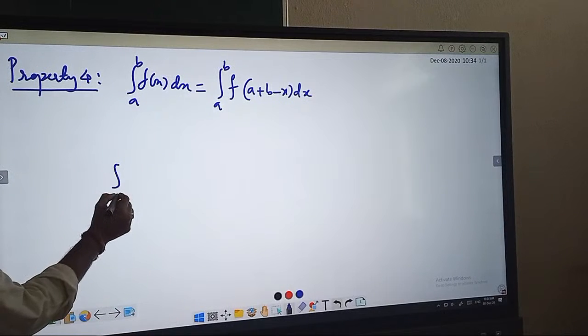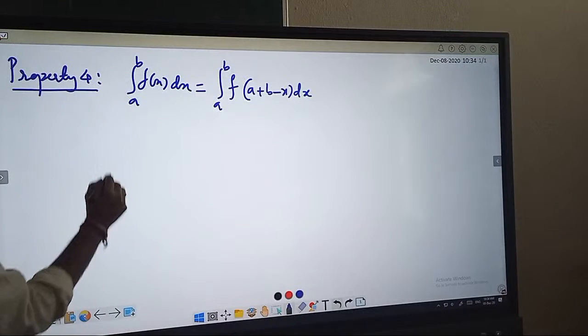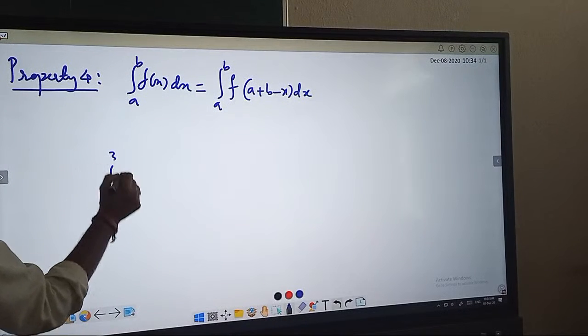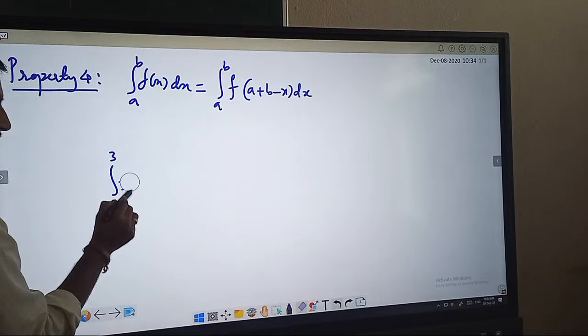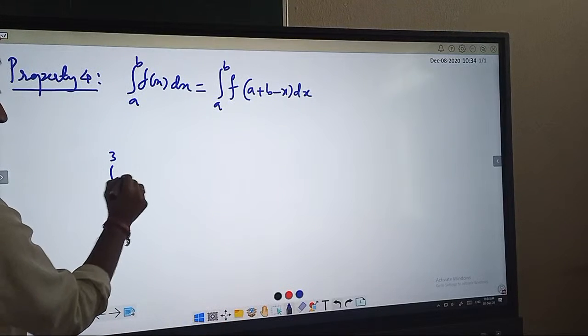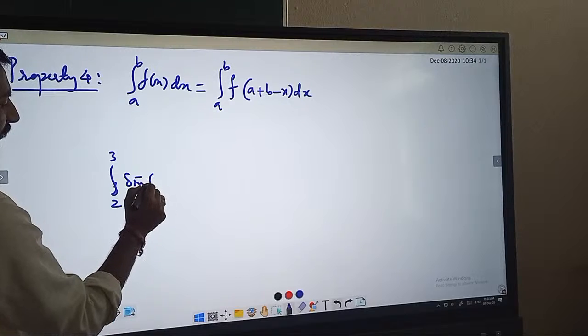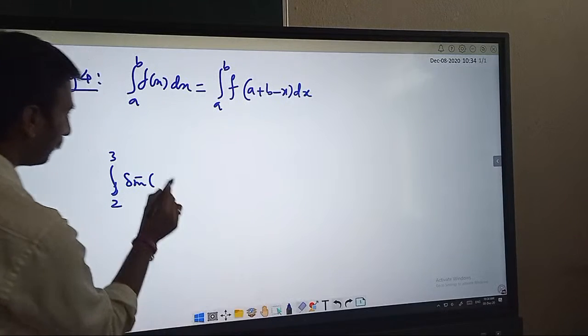See, look at this. Suppose you have integration from 2 to 3 of f of x. I will take some other function. Suppose sine x from 2 to 3. We will go with algebraic.